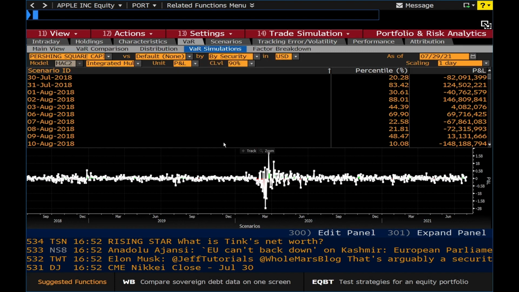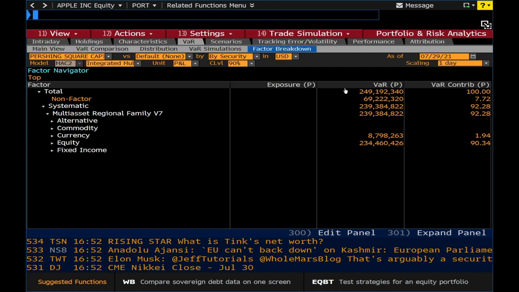We're projecting out here at a confidence level of 90%, which you can change, of course. Here are our factor navigators, classifying different levels of risk.